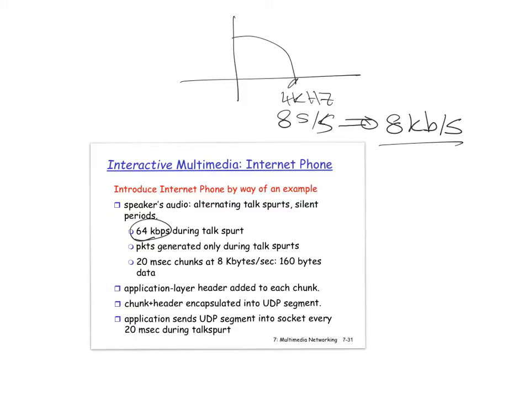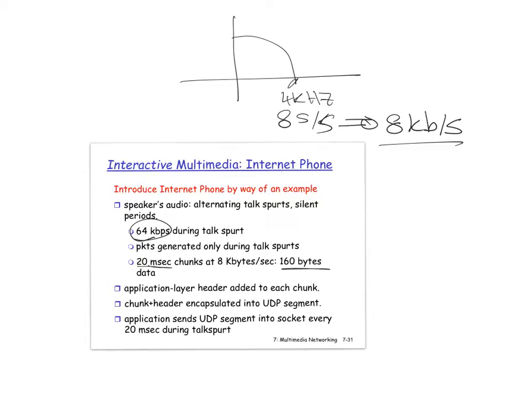If we assume that every 20 milliseconds we send one chunk of data, then each chunk is about 160 bytes.